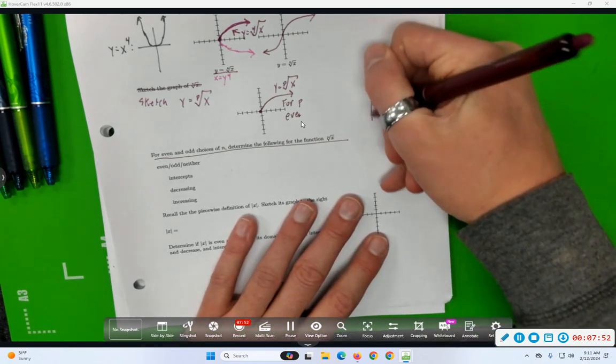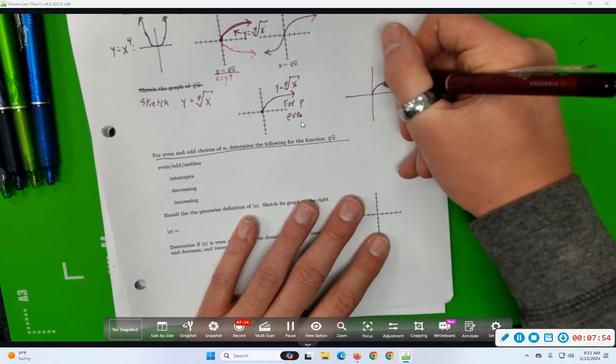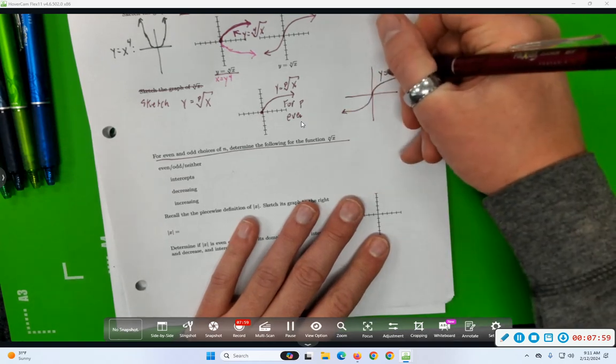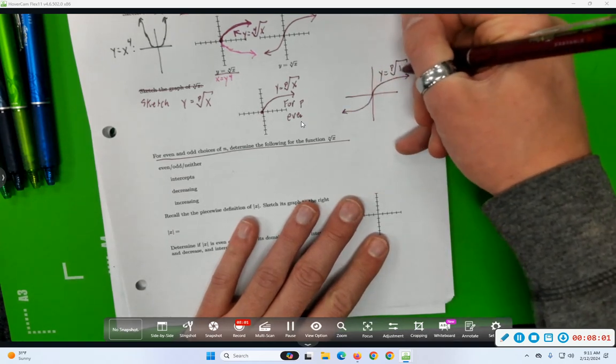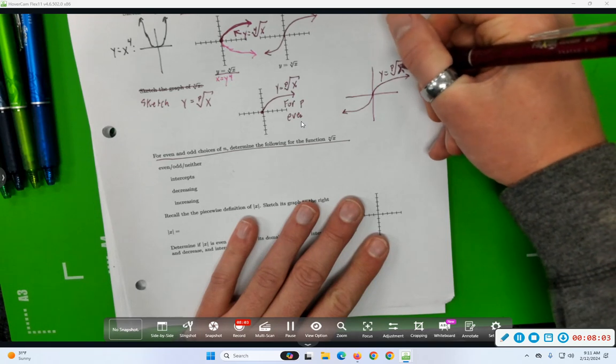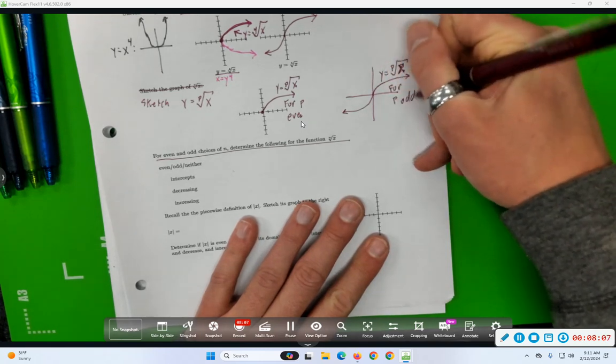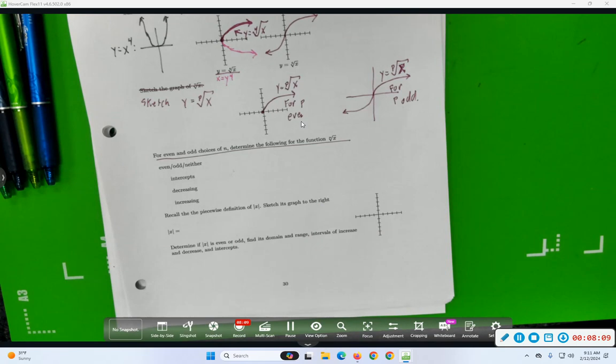The odd ones will also all look pretty similar. And let's just use those cartoon pictures to answer some questions.